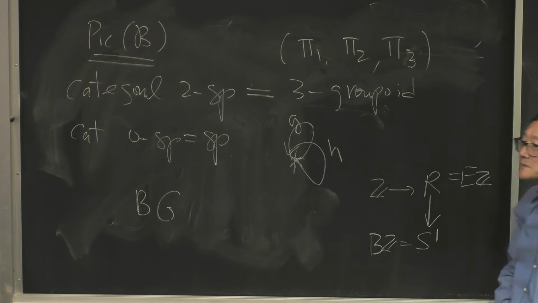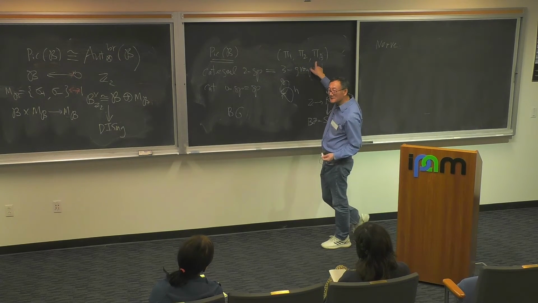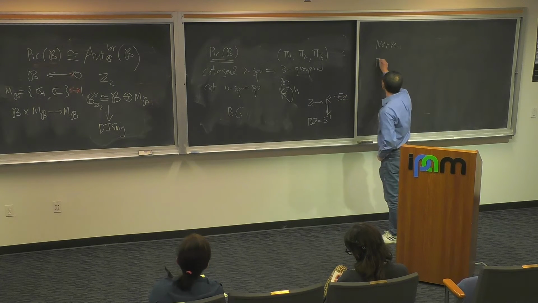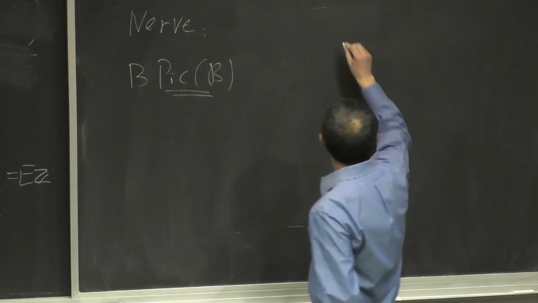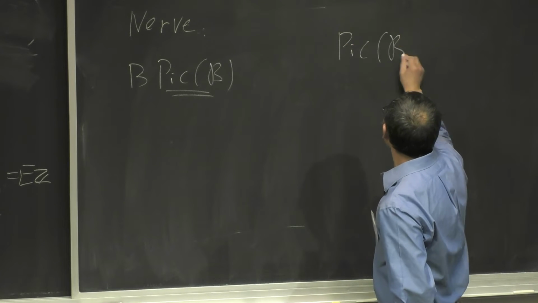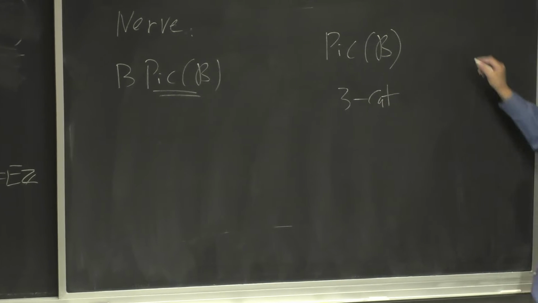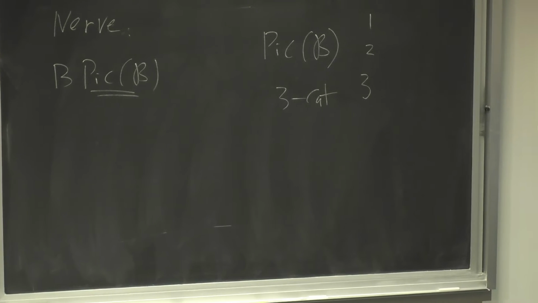Let's give you an n-group. So now you can see I really should have three groups in here, because that's what it is. So this classifying space. So first, this is a three-category. It means I have 0, 1, 2, 3 as morphisms.